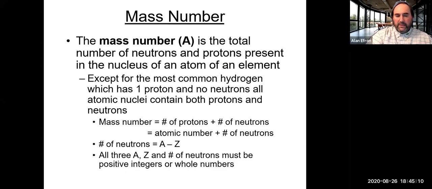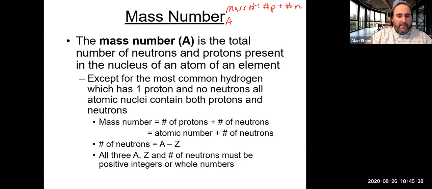Another really important number is the mass number, and the mass number is the number of protons and the number of neutrons that there is in a particular atom. So this number is important along with the atomic number, because the mass number is the number of protons plus the number of neutrons.